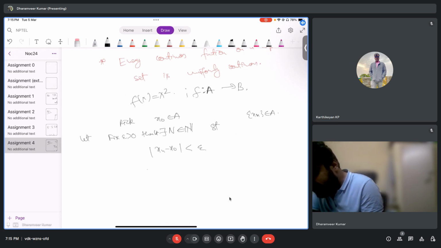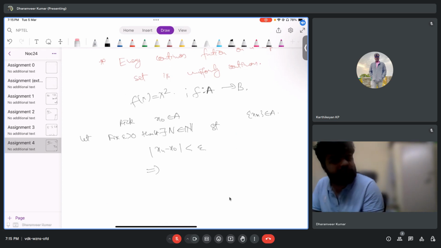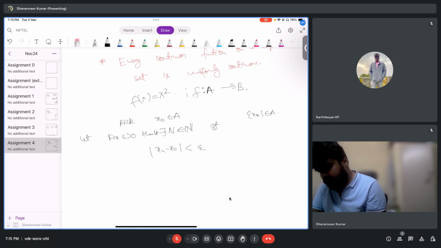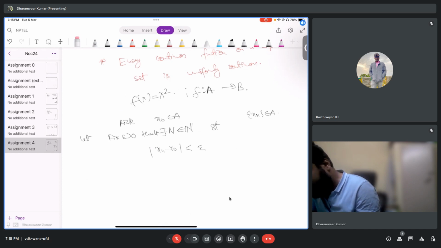Since it's continuous, we know this is continuous. f(x) is x squared. I'm not going to prove that for now. That implies, I'll write in simple terms: pick x naught in A, for all sequences in A, if x_n converges to x naught, that implies f(x_n) converges to f(x naught).